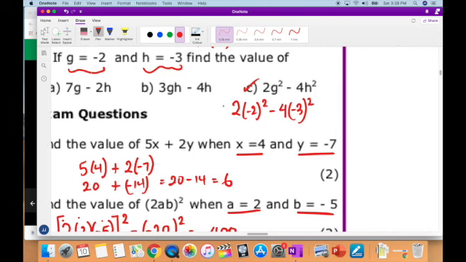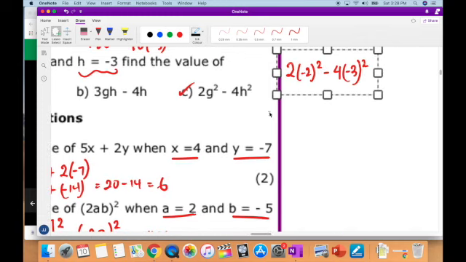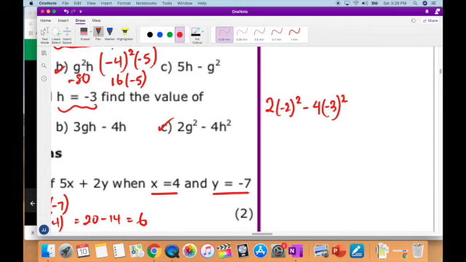So it'll be 2 times this square here, 2 twos are 4, so that's positive 4, right?